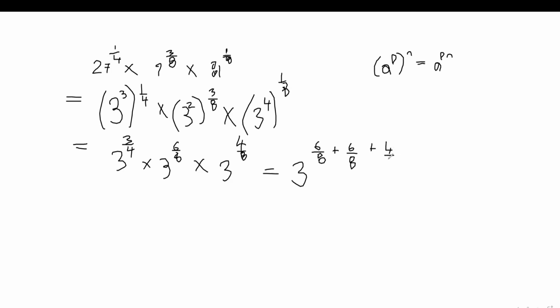We can add the powers since the base is the same, right? Yes. So now we just add the powers, easy. 6 plus 6 is 12, plus 4 is 16, and we have 16/8, so that's 3 to the 16/8, but 16/8 is 2. So this is just 3 squared, and 3 squared is 9.